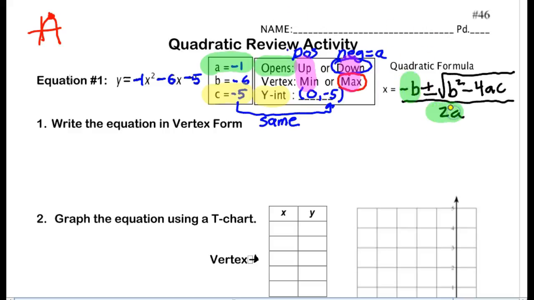The -b over 2a, which is the vertex. That's these two, -b over 2a. And then we also have the discriminant, and that tells you how many solutions.